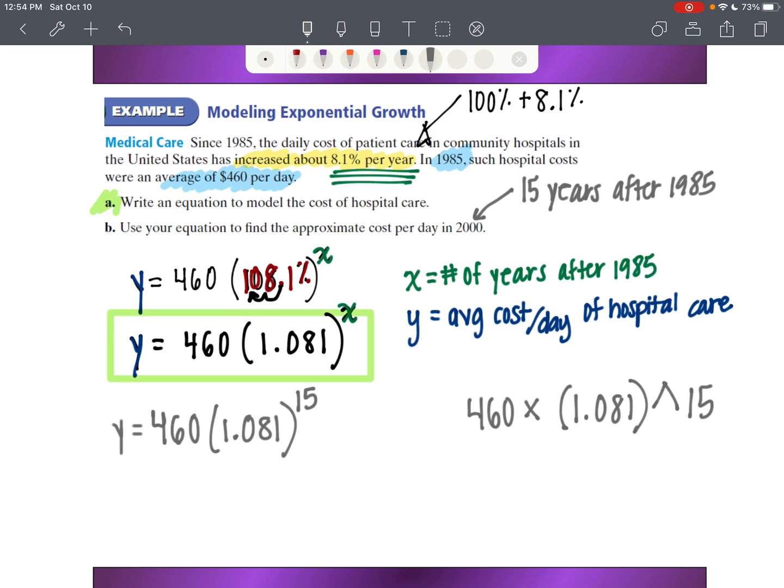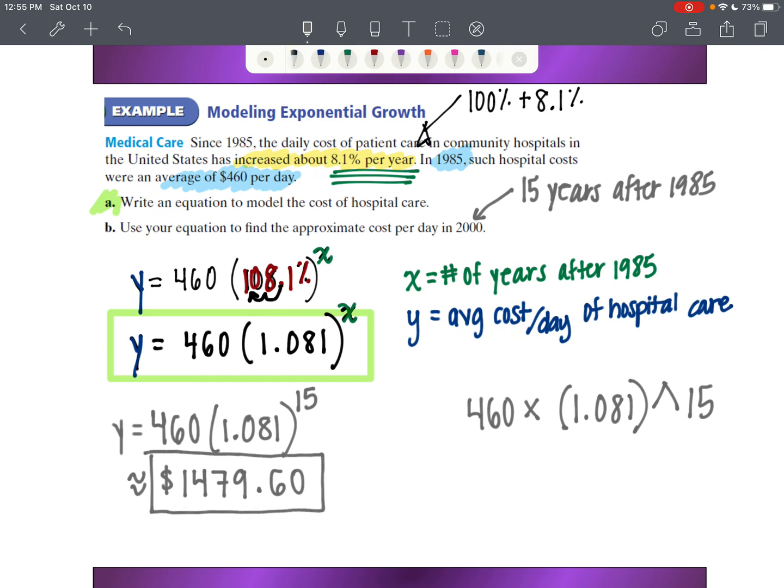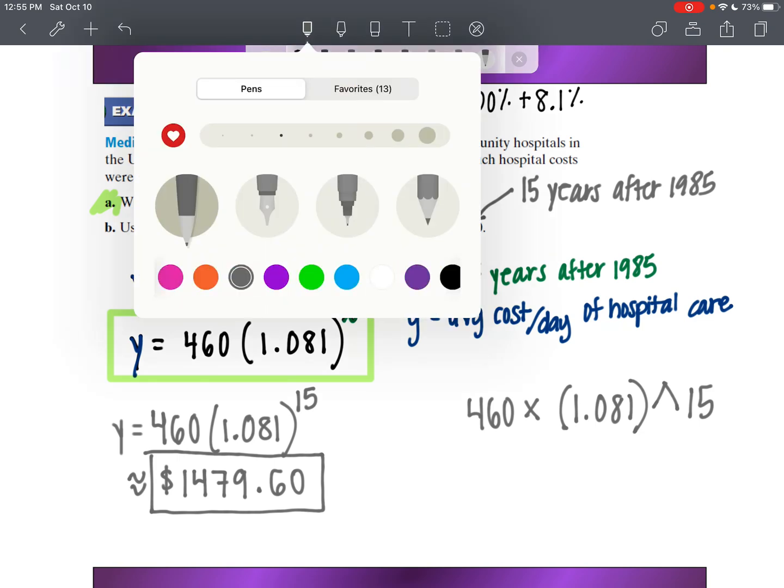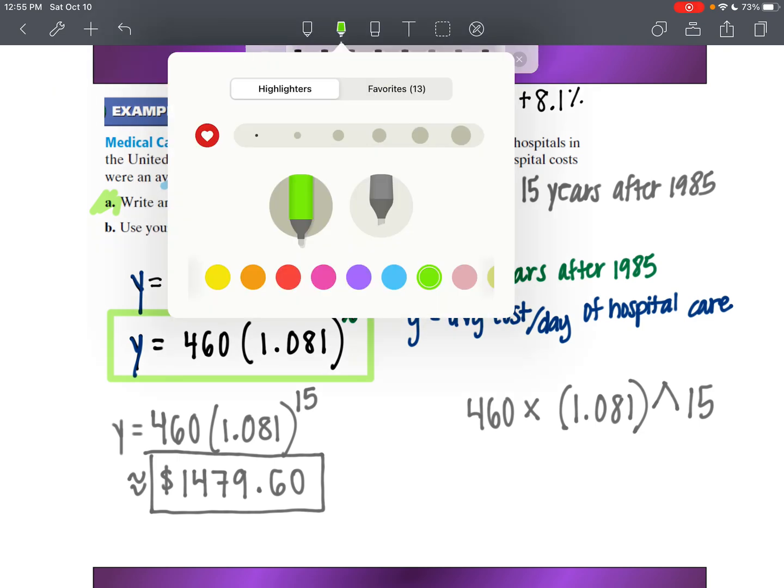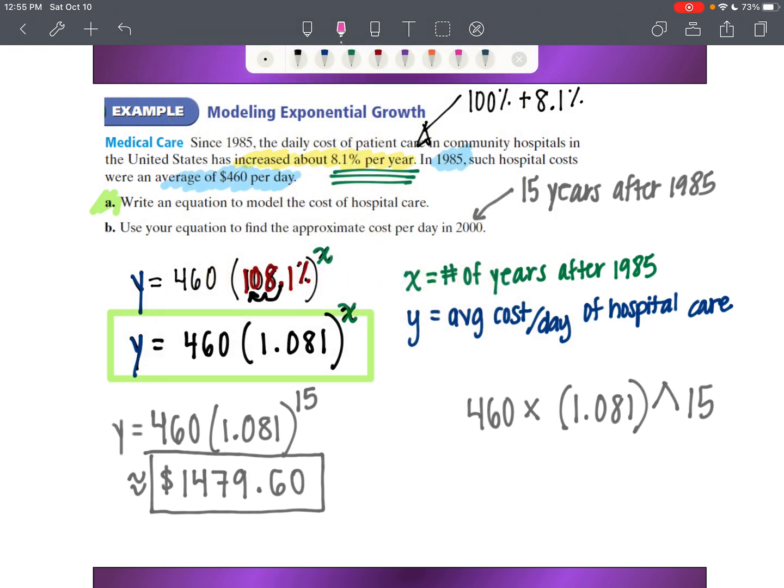So you're going to enter that into your calculator just like that, and you're going to get approximately an average cost per day in the year 2000 of $1,479.60. So they might round that to $1,480. Would not be surprised if they did that. I'm going to pick a pretty color highlighter here.